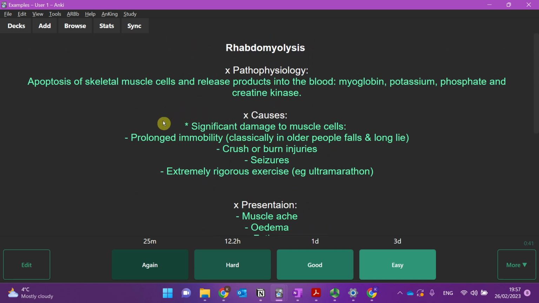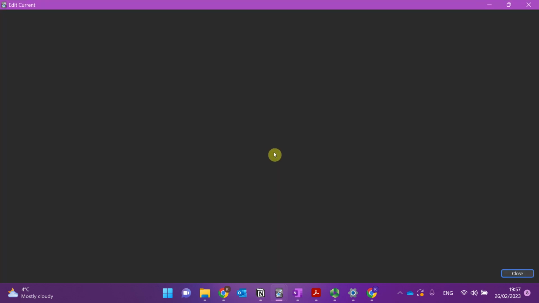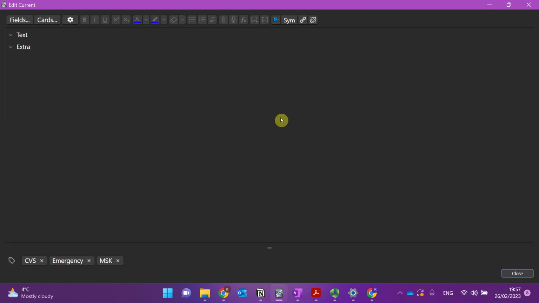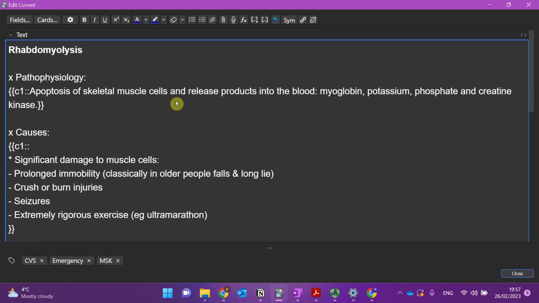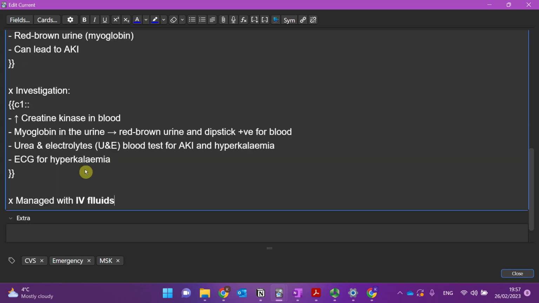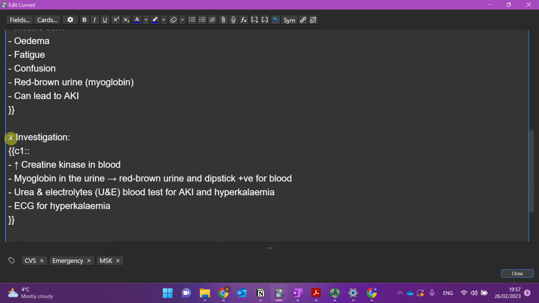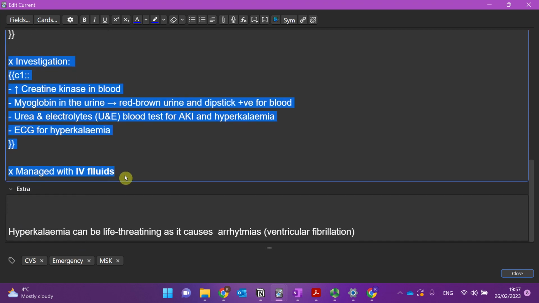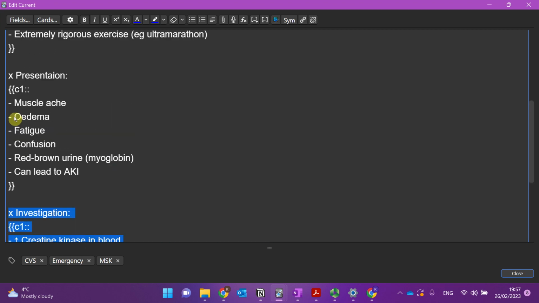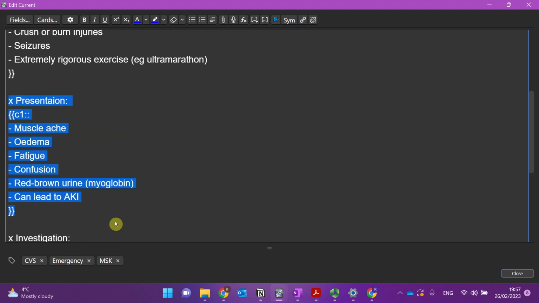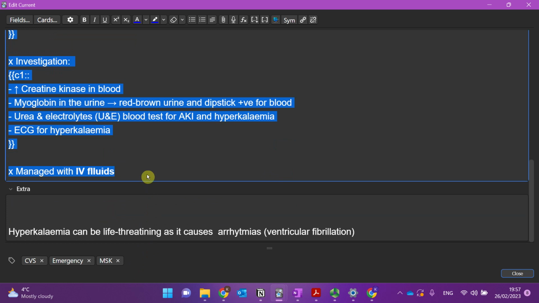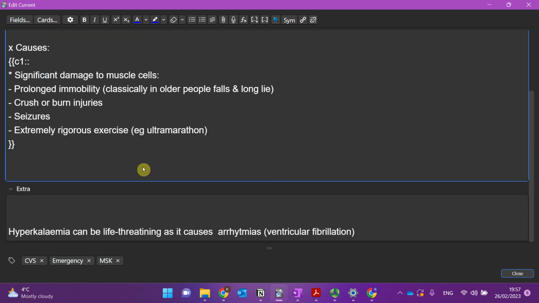So if you click on edit, so I press E, and it will open the card to be edited. And essentially what you would do is you would, for example, highlight, let's say, from investigations downwards to management, or let's take a bigger portion, and you can cut it out.